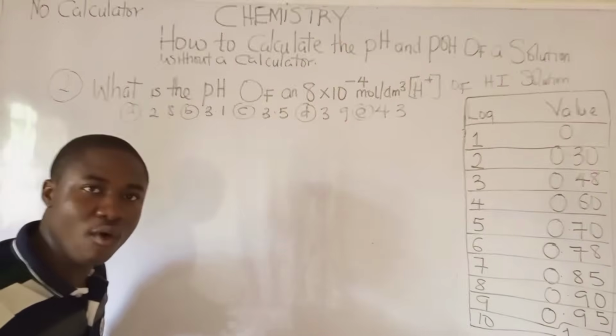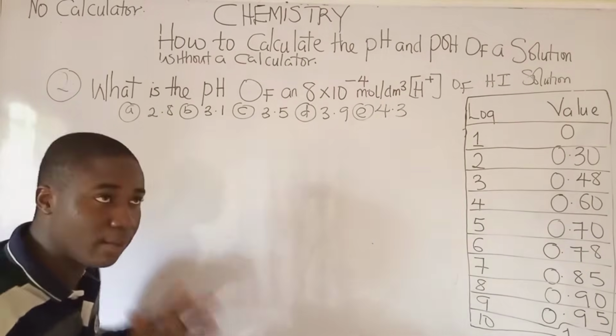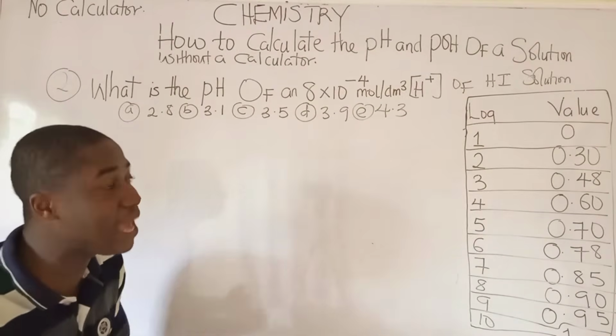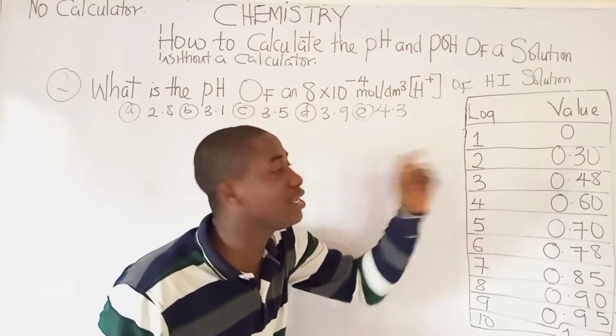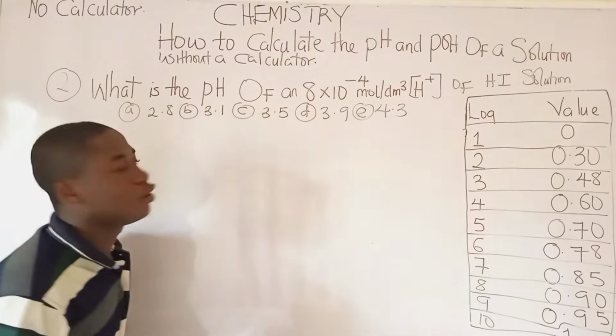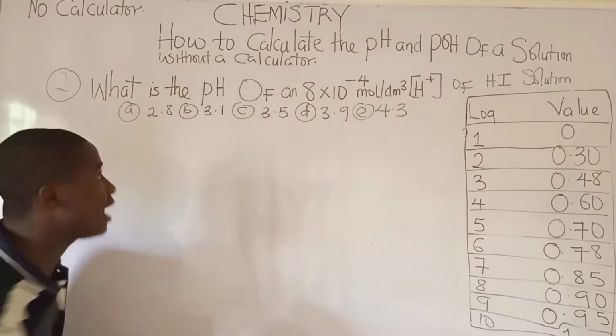Now let's quickly move over to the second question. The question says, what is the pH of an 8 times 10 raised to the minus 4 mole per dm cube H plus of HI solution? That's hydrogen iodide solution. First of all, we have to know the range of the answer.